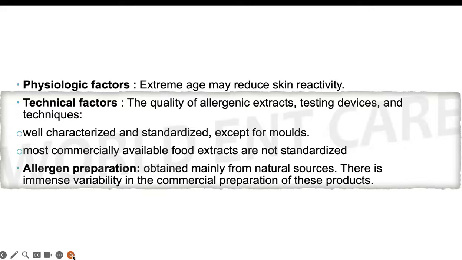Then it also depends on allergen preparation. Allergen extracts used in current clinical practice are obtained mainly from natural sources, and there is immense variability in commercial preparation of these products, like season, growth conditions, genetic factors between geographic regions, etc.